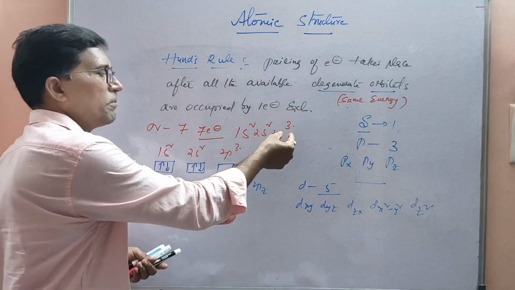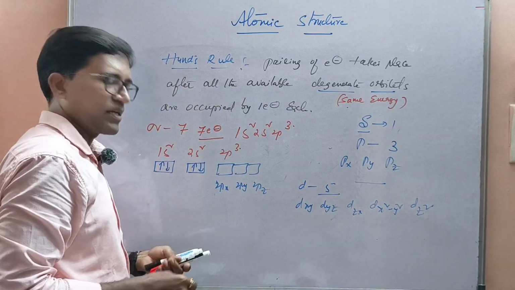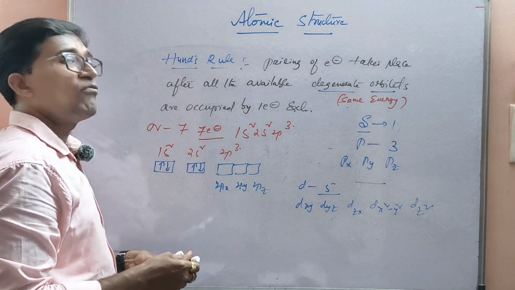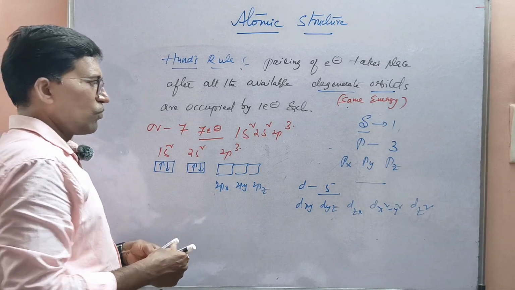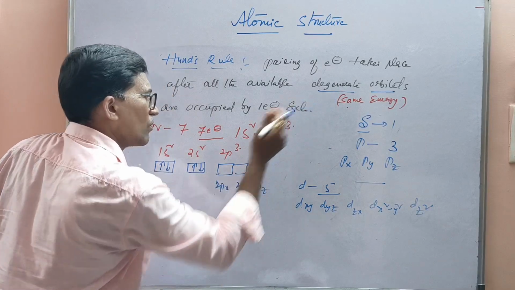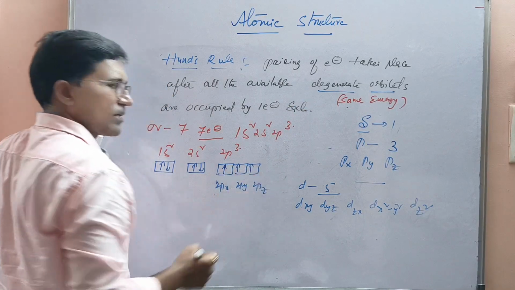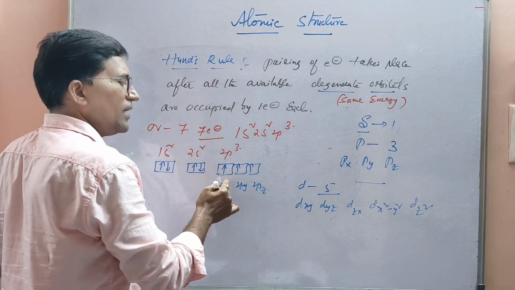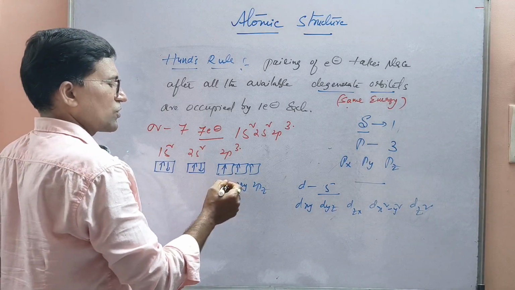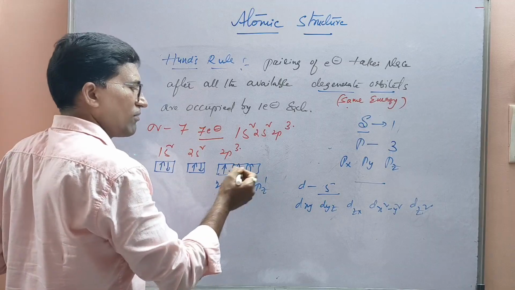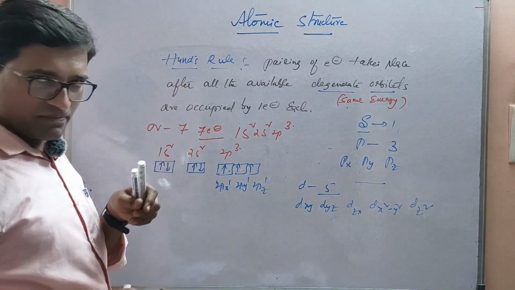In the p orbital here we have only 3 electrons. So how should the electrons be filled? One electron each. First one electron here, one here, one here. One should be filled in each degenerate orbital: 2px1, 2py1, 2pz1. Then only pairs.